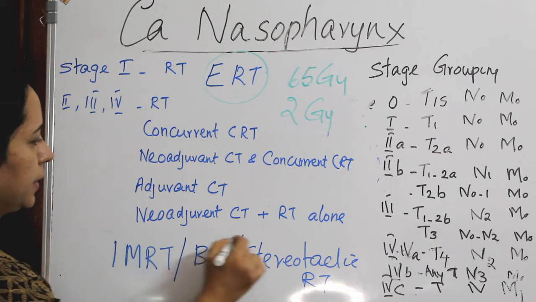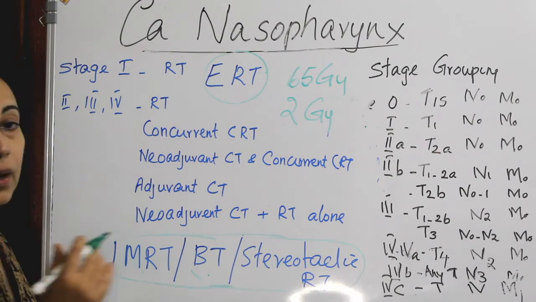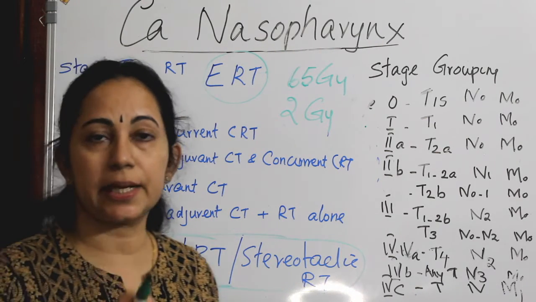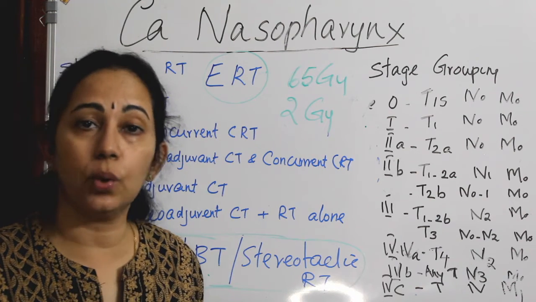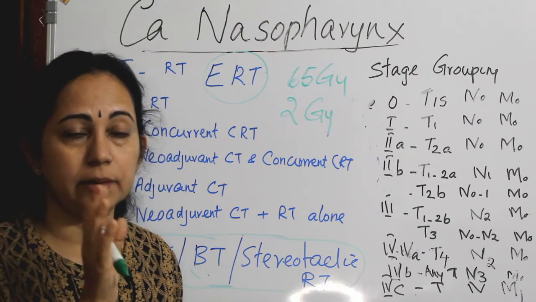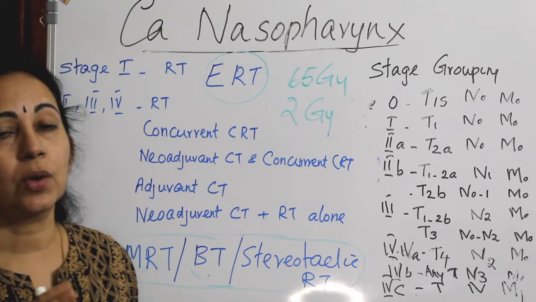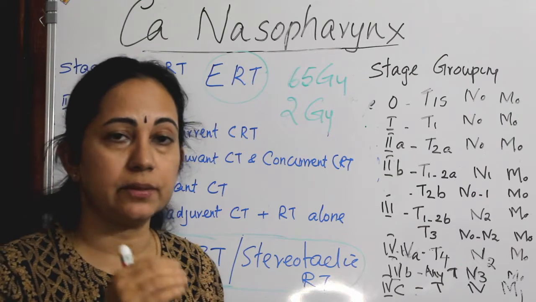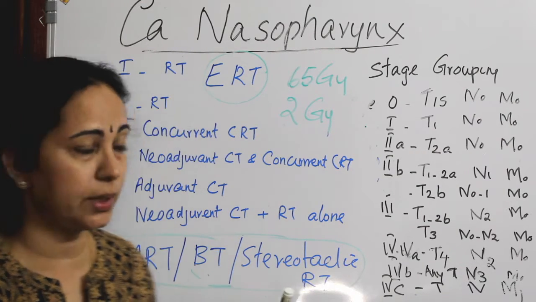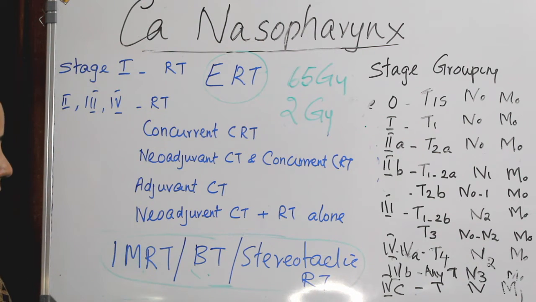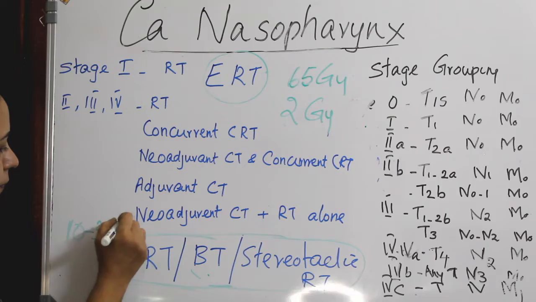In brachytherapy, what we do can be of two types. Either we can implant, that is transpalatal implantation of radioactive gold grains, so that there will be a release of radioactivity, or into the cavity we can implant intracavitary afterloading RT. Both are included under brachytherapy, and in this the duration can be reduced to 10 to 30 days.